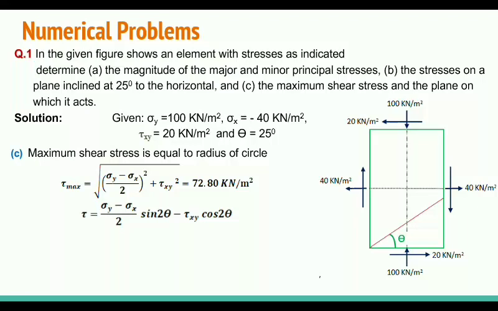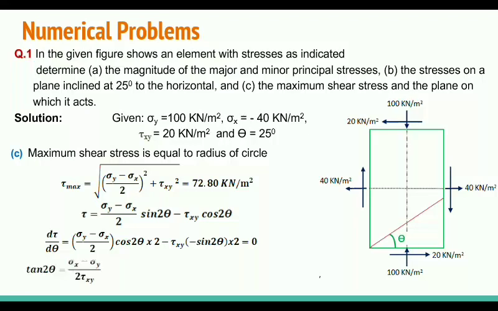Apply some mathematical rules: take the differentiation on both sides with respect to theta. So we'll get this and put this value equal to 0, so that the theta value will give the maximum shear stress, right? Let's go for the calculation. So now we got tan 2 theta is equal to sigma x minus sigma y divided by 2 tau xy.